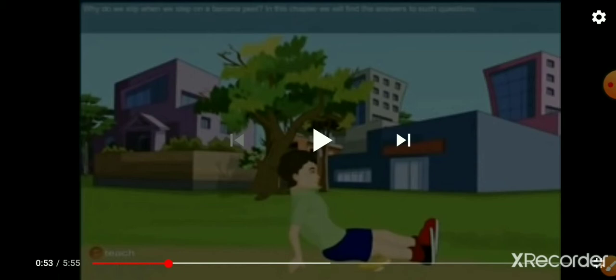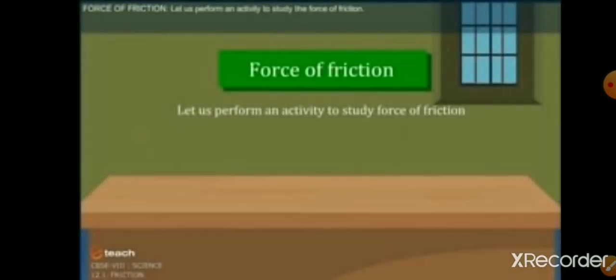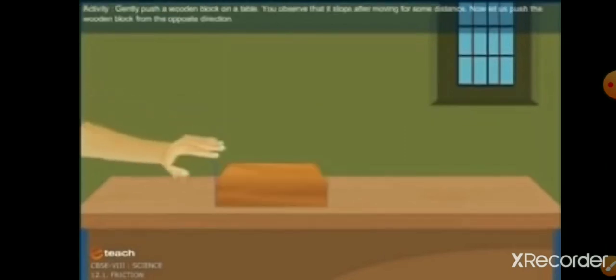First, let us perform an activity. In this activity, you have to keep a book on a table and gently push it. You observe that it stops after moving for some distance. Repeat this activity pushing the book from the opposite direction. Does the book stop this time too?